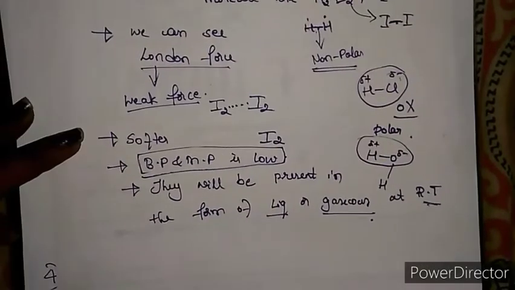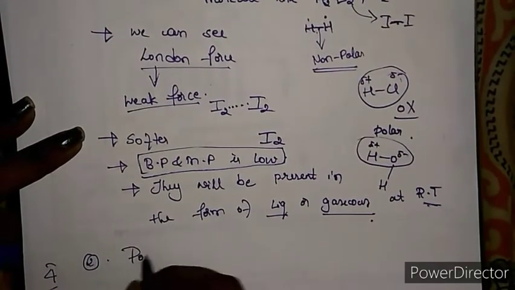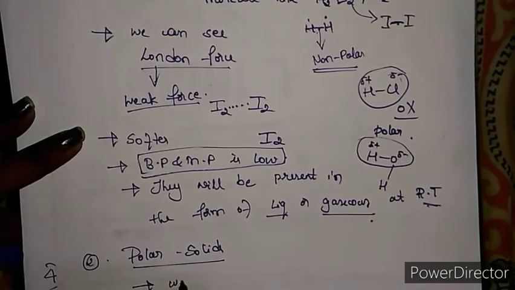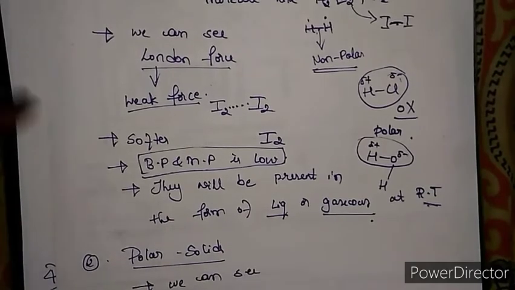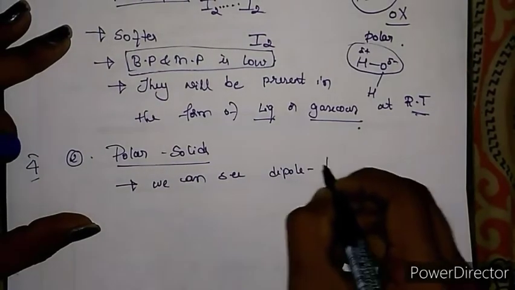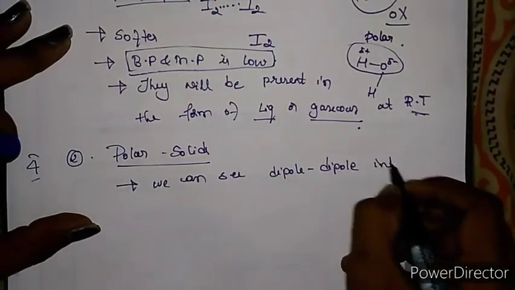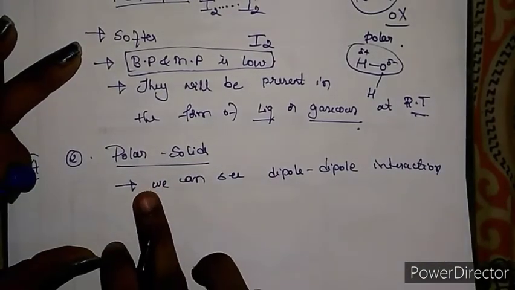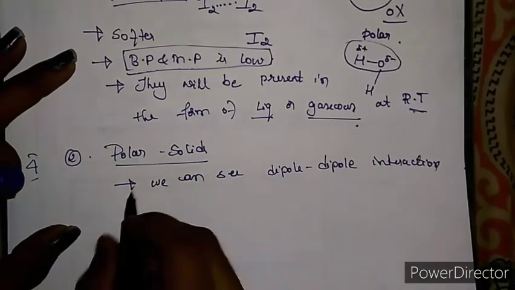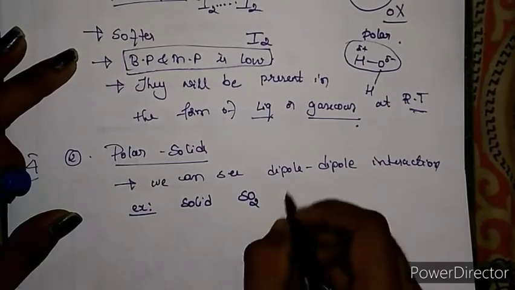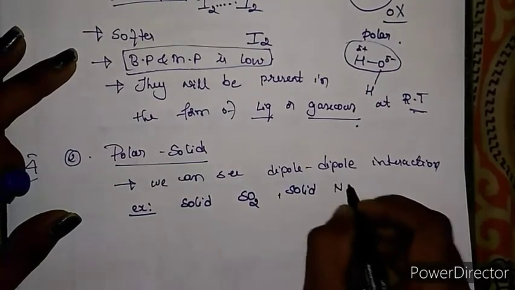Next one we have is the polar solids. In this type of solid we can see dipole interaction. Examples include solid sulfur dioxide and solid ammonia.